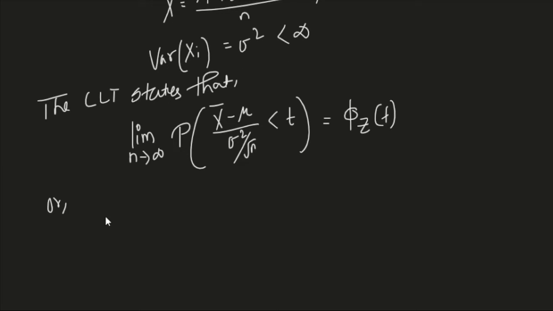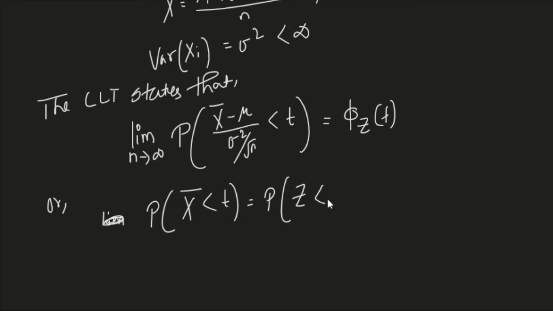you can write it like this: probability of x bar less than some t can be written as probability of z, where z is a standard normal variable, less than (t minus mu) by sigma square, actually sigma by root n, not sigma square. So let me correct this part.